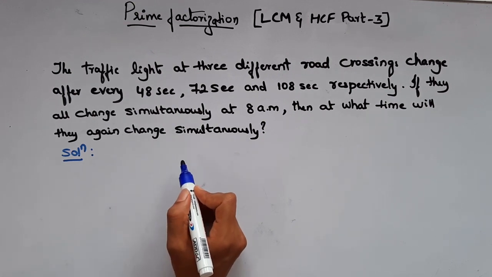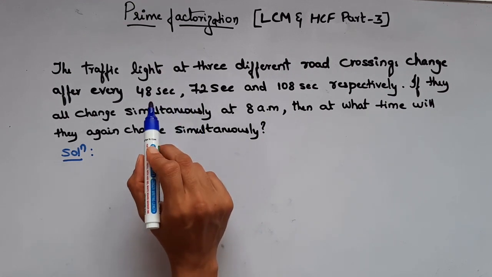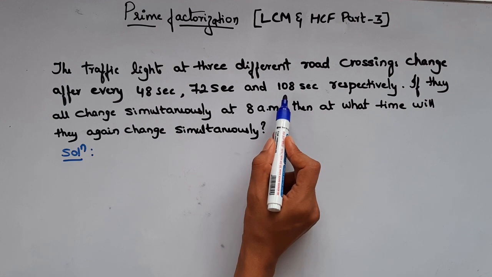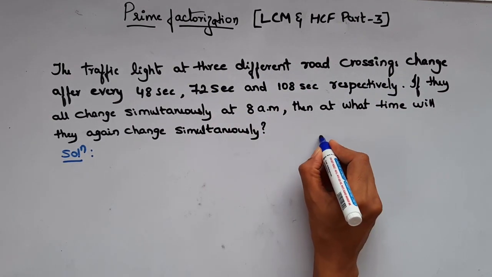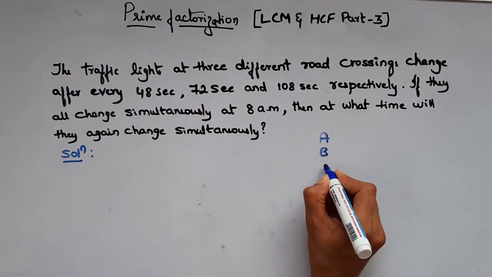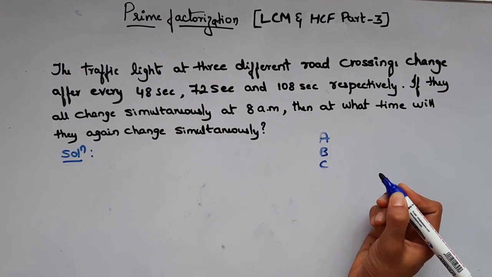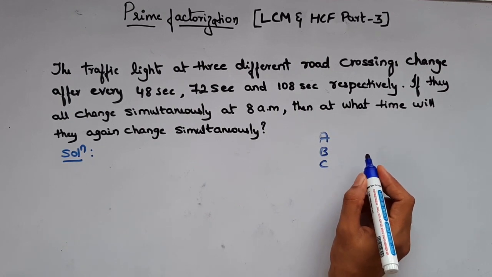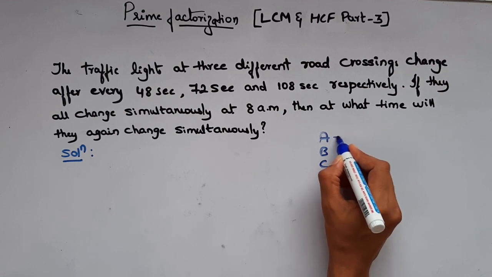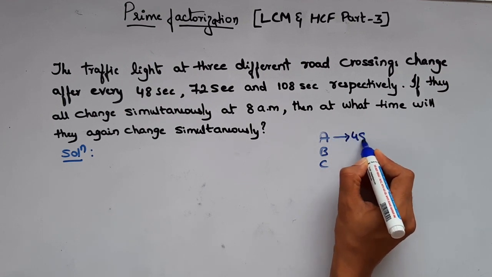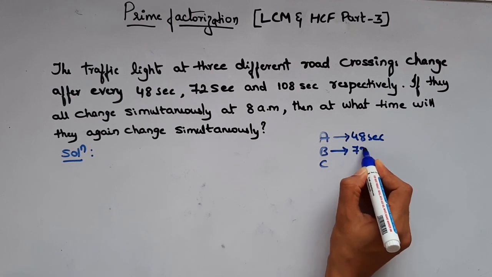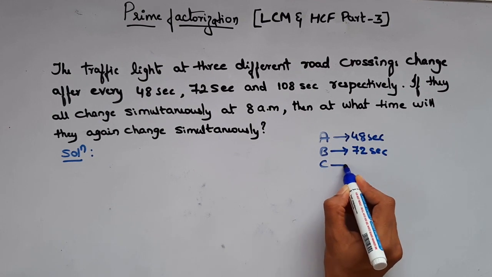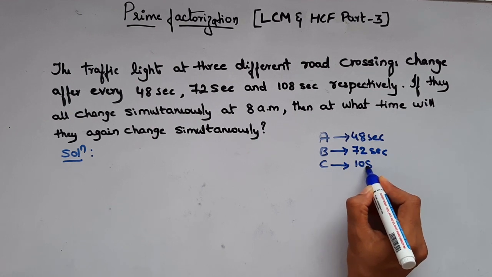What is it saying? It says there are 3 traffic lights at 3 different road crossings. So let's take A, B and C as the 3 traffic lights. A will change the light for every 48 second, B will change the light for every 72 second, and C will change the light for every 108 second.